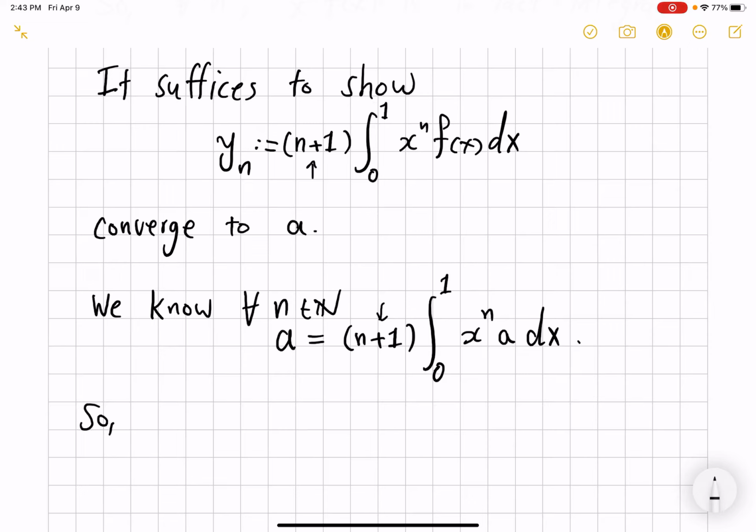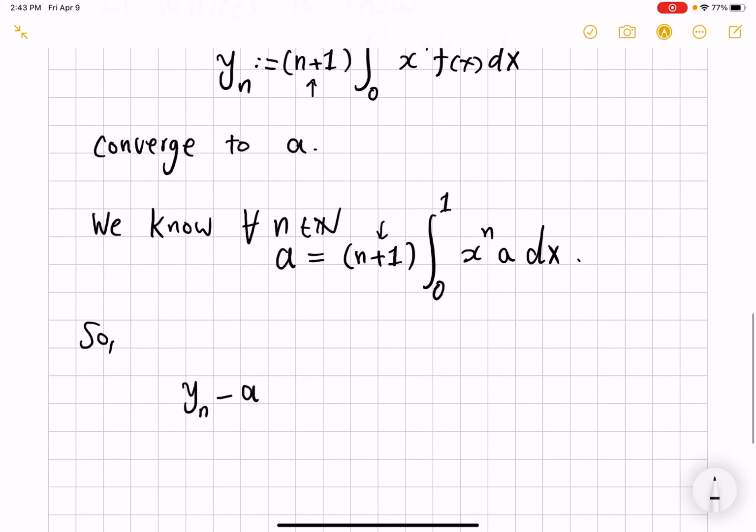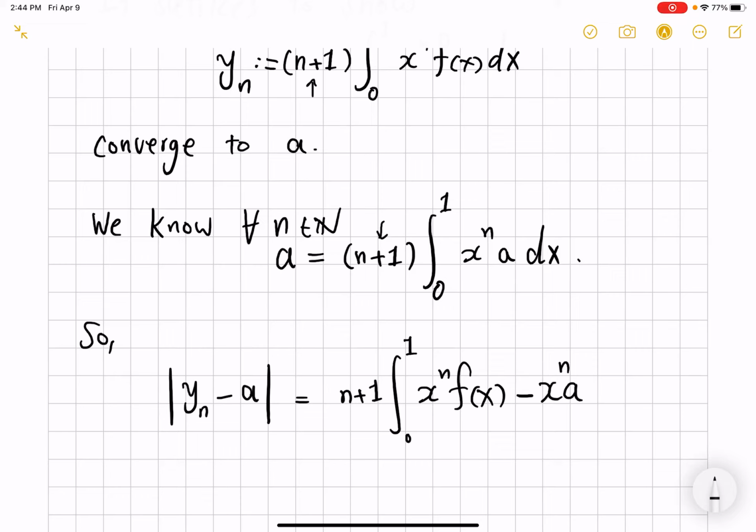So since I want to show that y_n converges to a, I'm interested in looking at this difference. So this will be n plus 1 times the integral from 0 to 1 of x^n f(x). This is what gave me the y_n. Now, because of linearity, I can subtract x^n a and then put dx there.